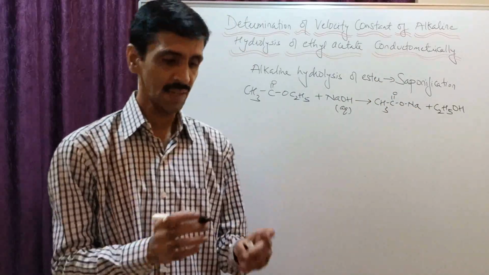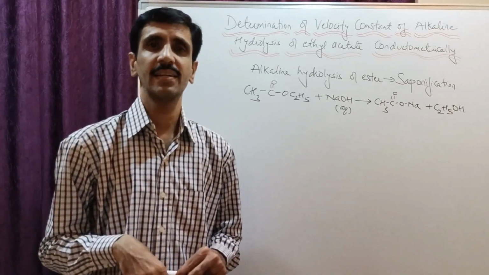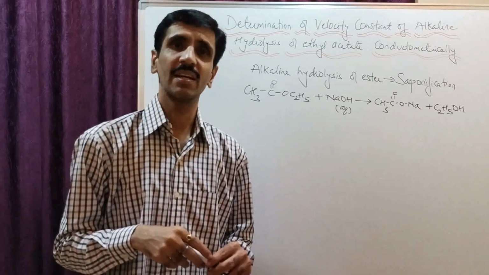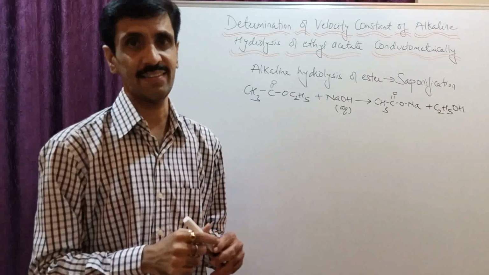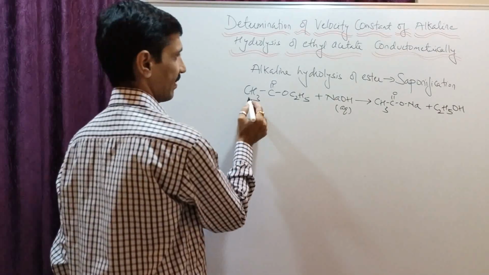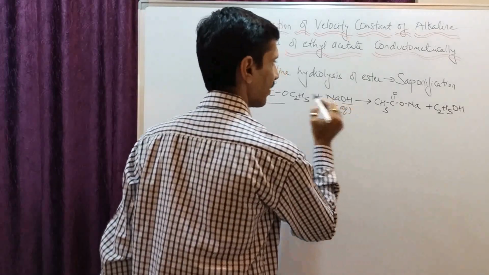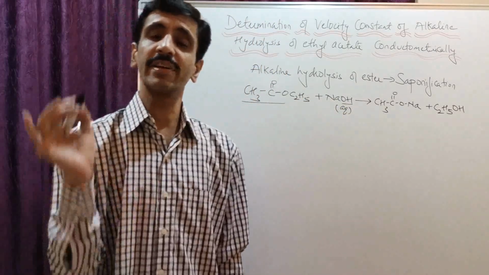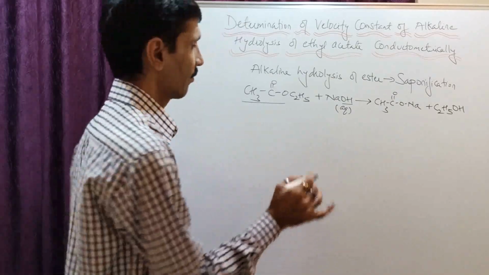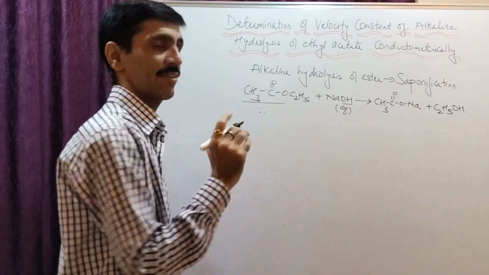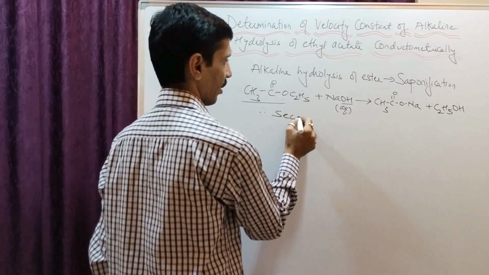Now if you try to understand this reaction well, the rate of this reaction depends on the acetate ions as well as the hydroxide ions. It depends upon both. This is the acetate ion I am talking about, CH3COO minus, and this is the hydroxide ion. Since it depends upon both these ions, we say that alkaline hydrolysis of an ester is going to follow second order.